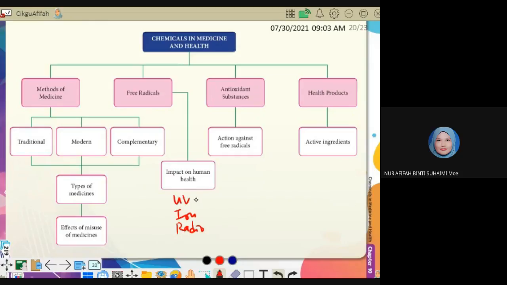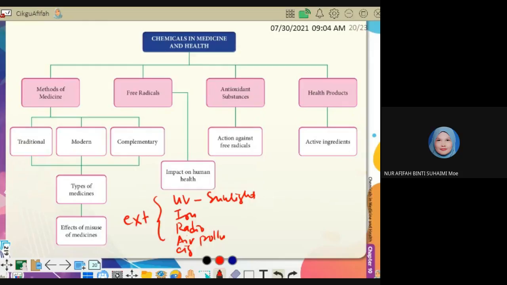UV ni termasuk sunlight lah, exposure to sunlight, and then air pollution, and then cigarette smoke. That is external factor, faktor luaran, that can increase the production of free radicals in our body.